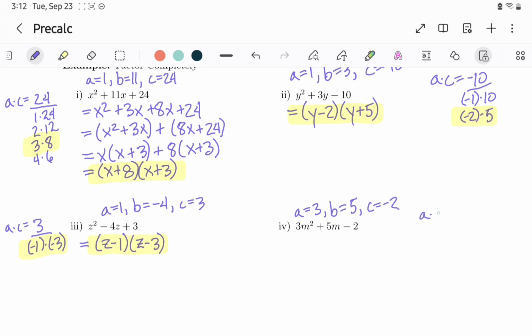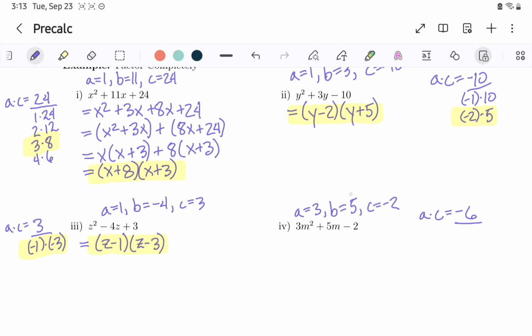So a times c is going to be equal to 3 times -2, which is -6. So we want to find a factorization of -6 into two factors whose sum is going to be a positive 5. So since we're looking at factoring a negative number, we are going to want to look at factorizations where one factor is negative and one is positive.